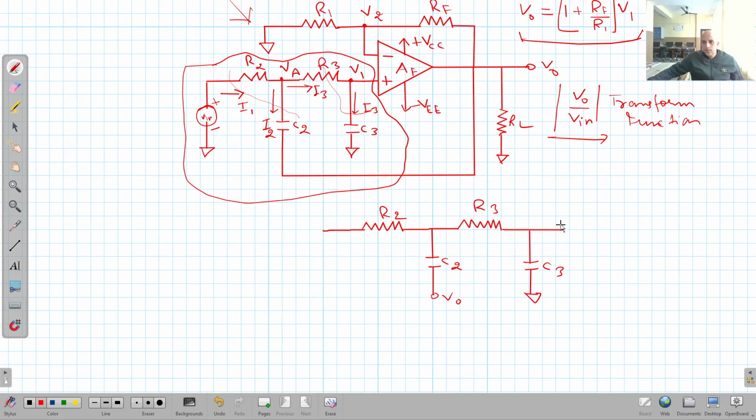Clear? This is toward the base of the transistor of the operational amplifier, and this is B input.